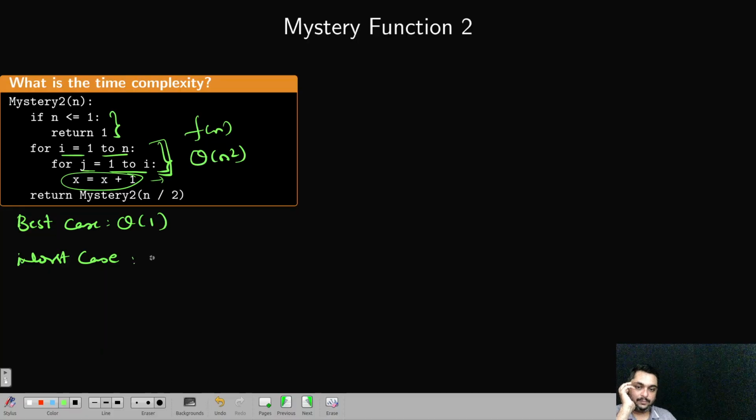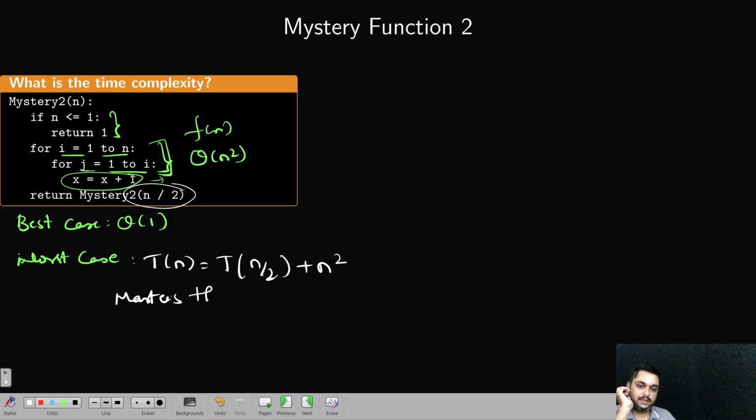So time complexity I can write as T of n is equal to, what it is doing here, it is just dividing by 2. So T of n by 2, but my f of n changes here. f of n is n square. So now you can apply Master's theorem because it is a single division. So a equal to 1, b equal to 2, k equal to 2, then p is equal to 0.